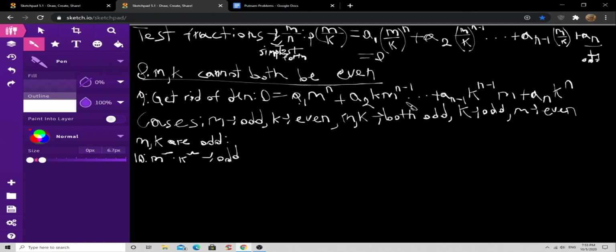So the odd number of odd coefficients. Okay, so it looks like we will get some even numbers here.